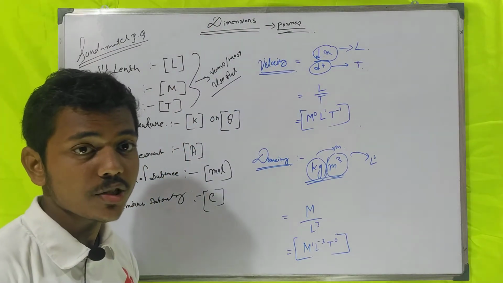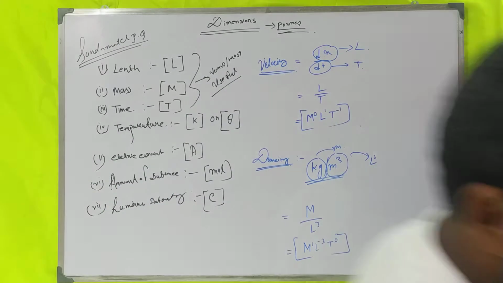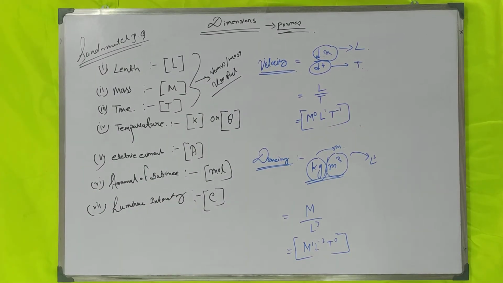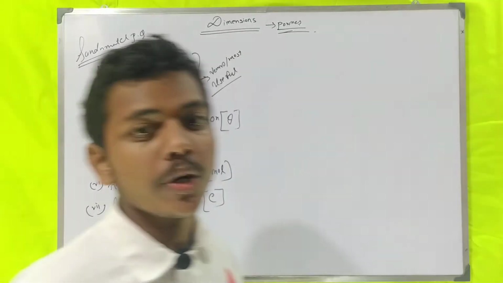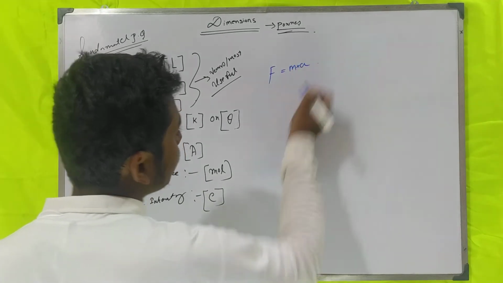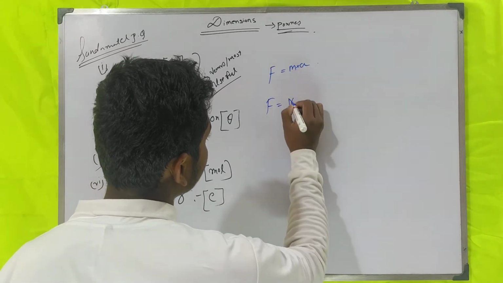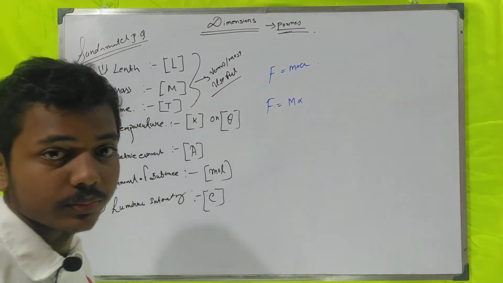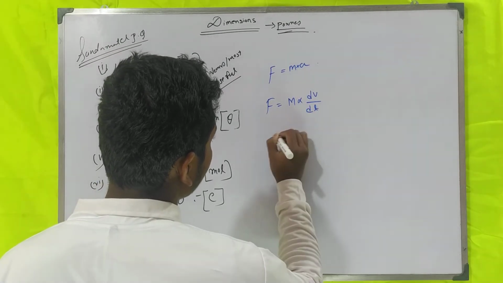Now we find the dimension of force and acceleration. What is the force? According to Newton's second law of motion, force is equal to mass into acceleration. We can find acceleration as dv by dt.